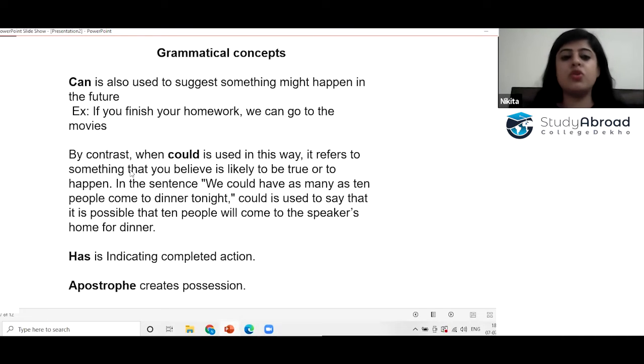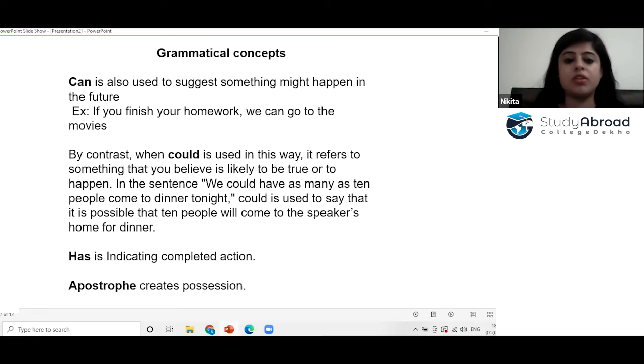Let's pay focus to where could is used. By contrast, when could is used in this way, it refers to something that you believe is likely to be true or to happen, likely to be. It's not necessarily going to happen. In the sentence, we could have as many as 10 people come to dinner tonight.